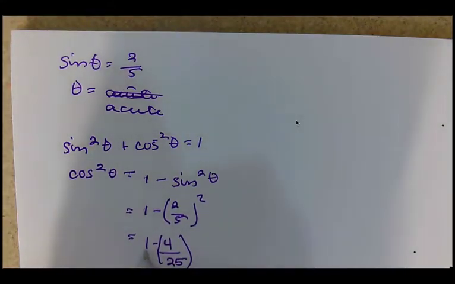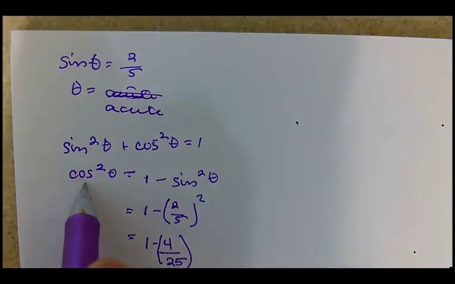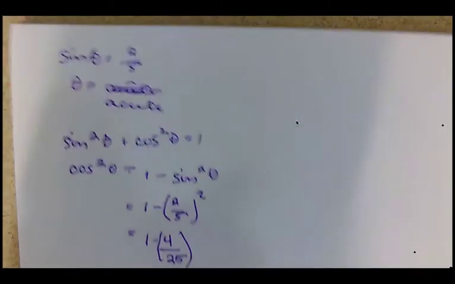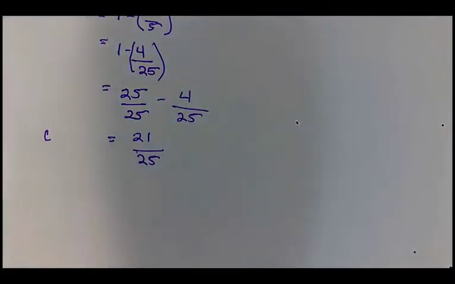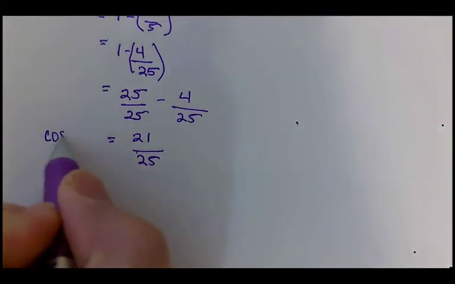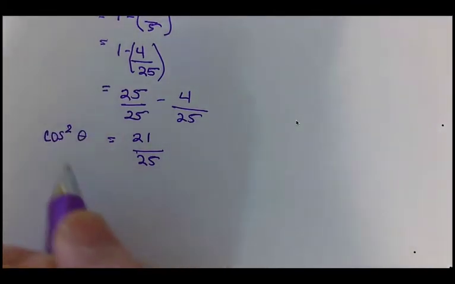I want to go ahead and put this in fraction form, so 25 over 25 minus 4 over 25, and this is equal to 21 over 25. And that is equal to my cosine squared theta.